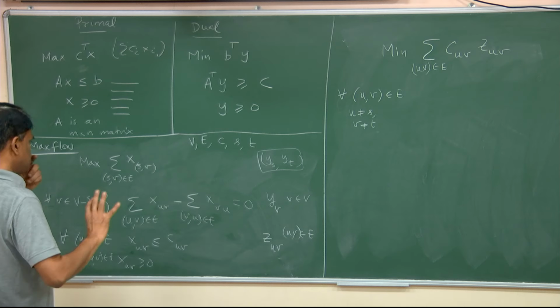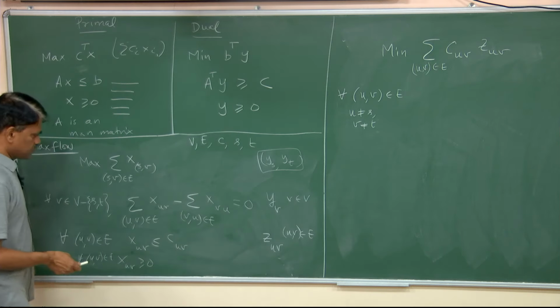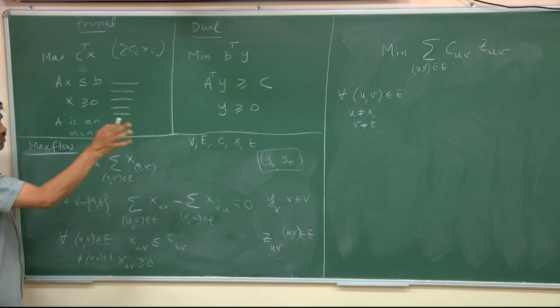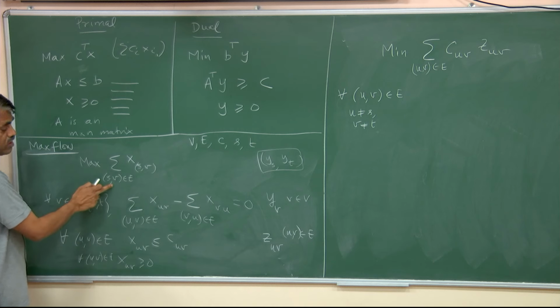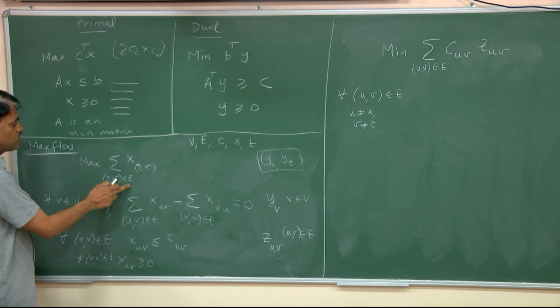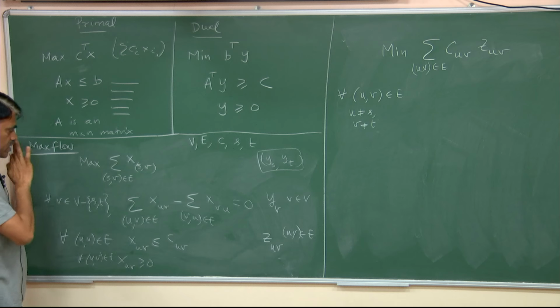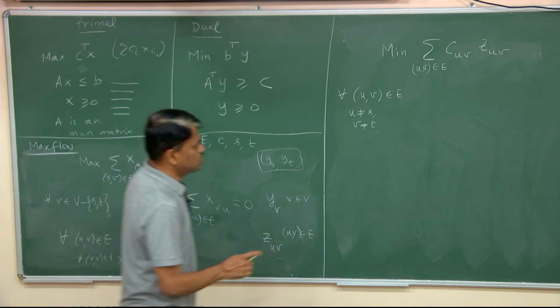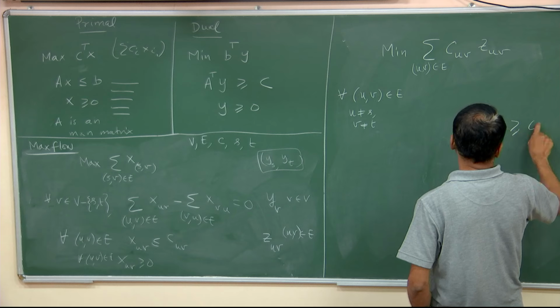For every edge you pick the column. For any edge out of S the coefficient is 1, for other edges the coefficient is 0. That will be the right hand side. So for any edge that isn't out of S, the right hand side is 0, so you will have a greater than or equal to 0 here.